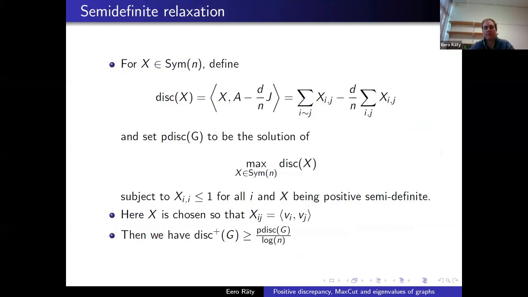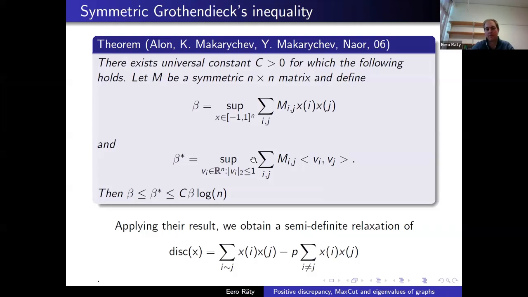So, motivated by this example, we define the discrepancy of a symmetric n times n matrix A to be the inner product of X and A minus d divided by n times J. So this is just the proper normalizing factor, basically the p term. And recall that in the graph quadratic inequality, in the second one, we are maximizing this over the pairwise inner products of unit vectors.